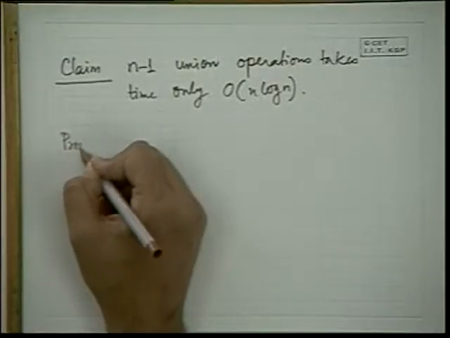But this claim is saying if you take n minus 1 such union operations, total complexity is not more than n log n. So on an average, that means our amortized complexity of each union operation is log n, because n operations are taking n log n. Okay, what is the proof for this claim?